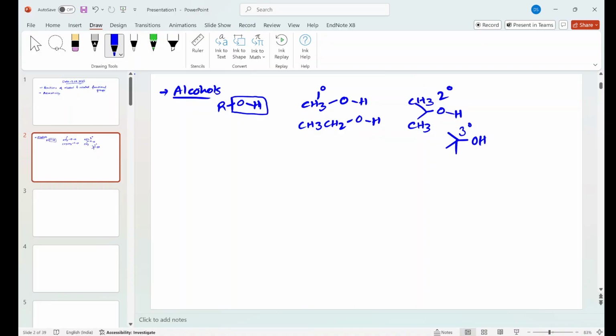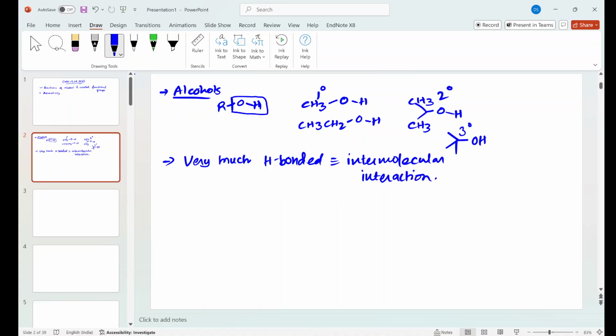And what are the physical properties of alcohol? They are very much H bonded, and this is intermolecular interaction.